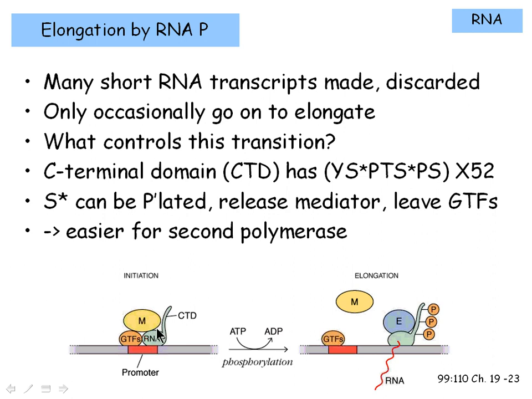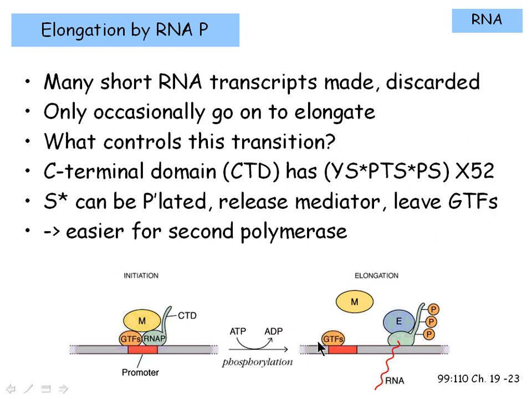And that change in charge allows it to release the mediator, this M complex that's somewhat specific to this particular promoter, and pick up additional elongation factors and charge on down in a very processive way. The general transcription factors are left behind. They stay on at the promoter.